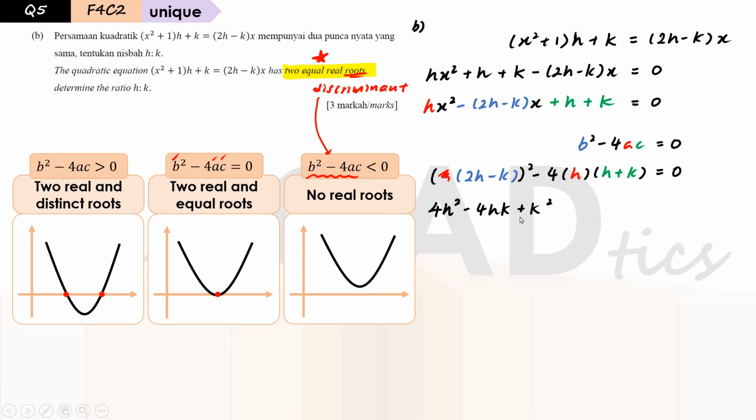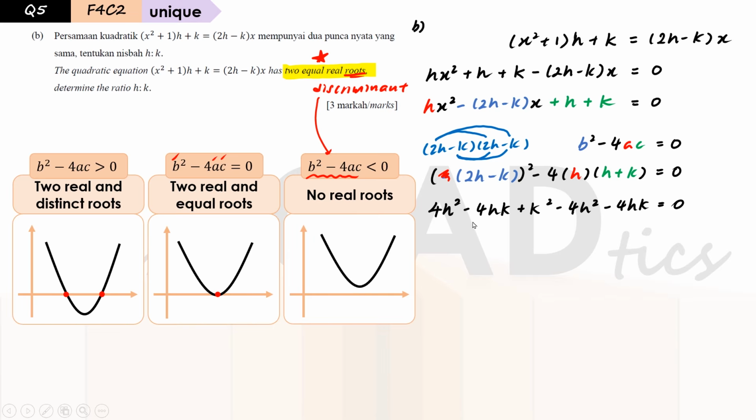Once you cross multiply, it will be something like this: 2h minus k, 2h minus k. So 2h multiply with 2h, 2h multiply with negative k, negative k multiply with 2h, and negative k multiply with negative k to get this result. Then for here, I'm going to multiply negative 4h into these two values, so it would be something like this.